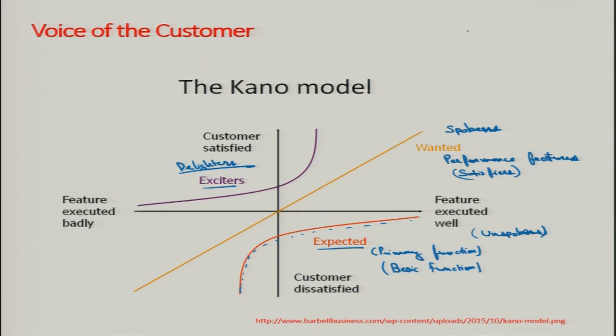Number one, they brainstorm all the possible features, using Kano analysis. Once all the features are gathered, then brainstorm everything that can excite the customers.